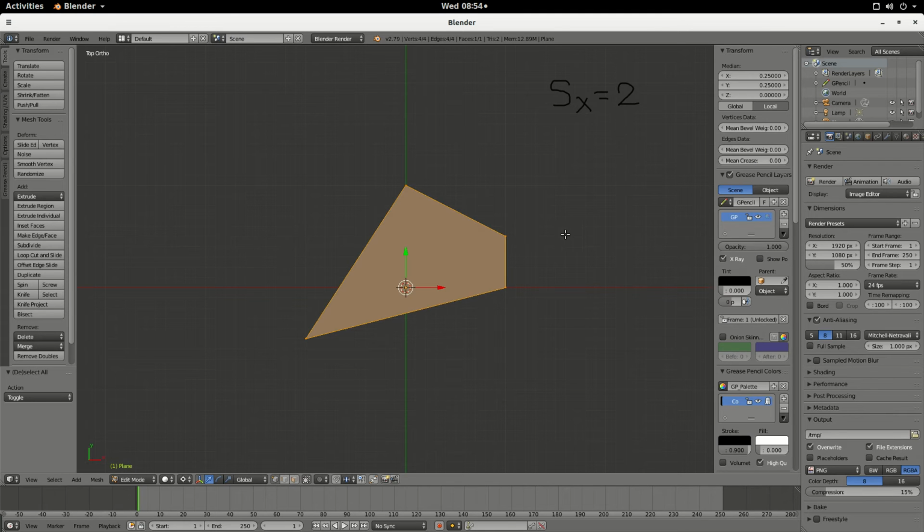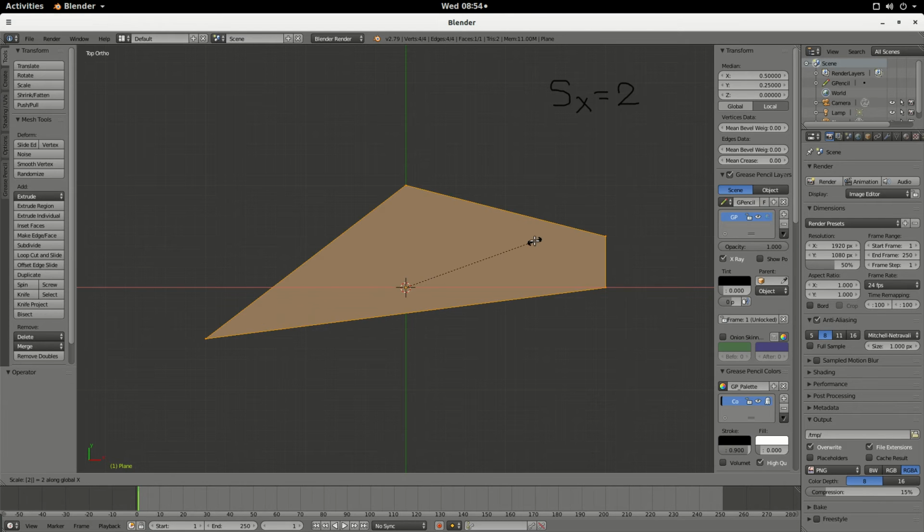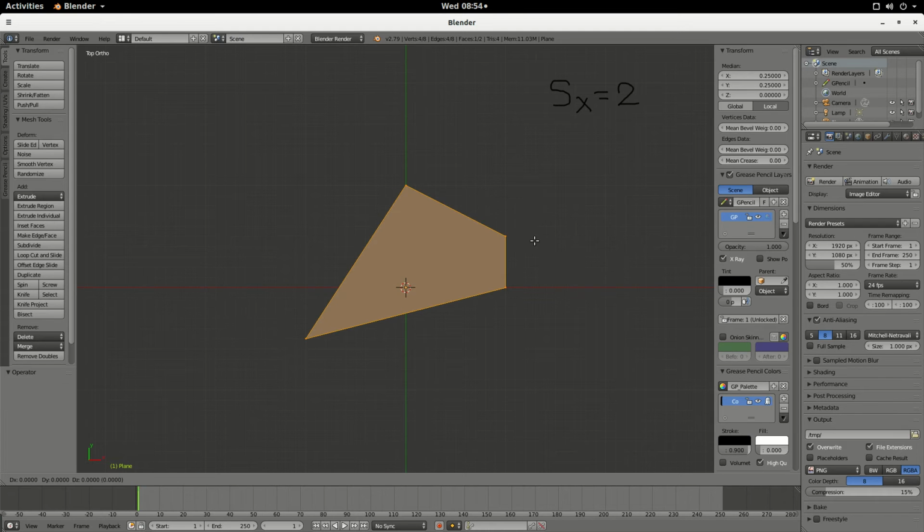In Blender, it's really easy to do, so I duplicated, actually I moved it also. How do we do it in Blender? I want to scale in the x-axis only, but not the y and z. S, x, and 2, right? So S, x, and 2, so that's what it is. But I forgot to duplicate this.